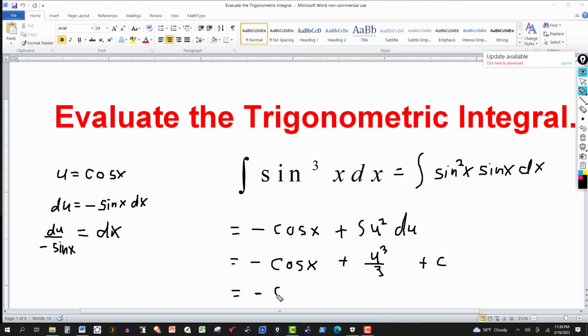This will be minus cosine of x plus, and u is cosine of x, so cosine of x here would give me cosine of x cubed over 3, plus the constant of integration. And this is your final answer.